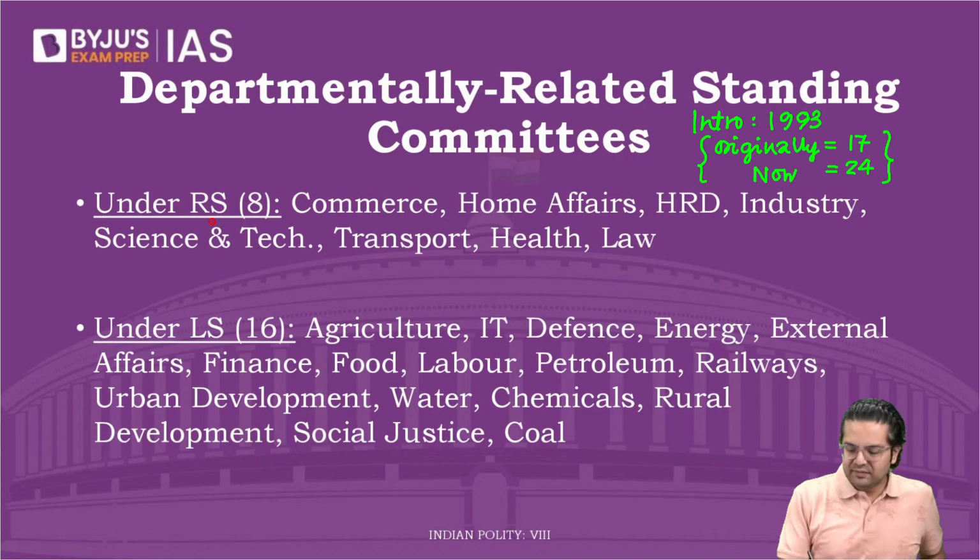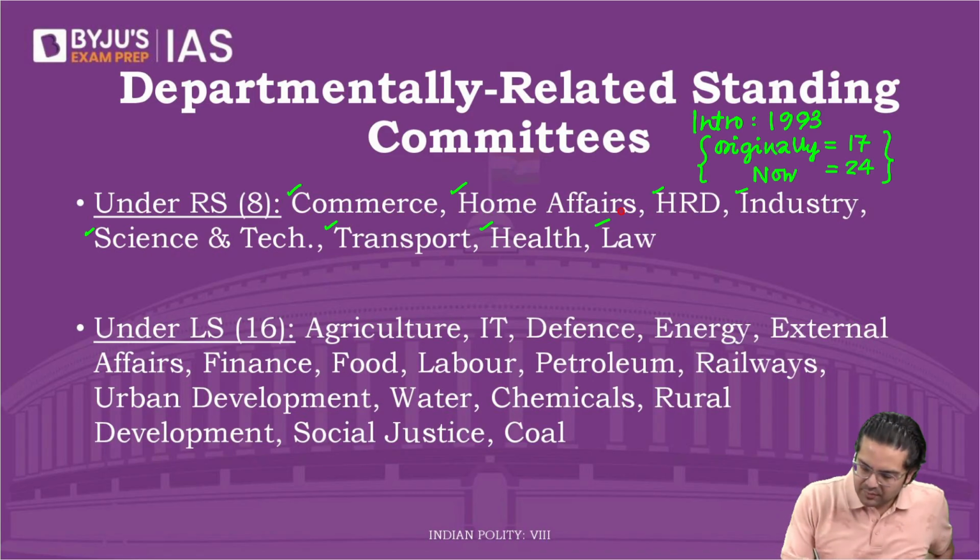So these 8 committees function under the control of the chairperson. The name is not really important, just remember some examples. And the remaining 16 function under the control of the what? Speaker.